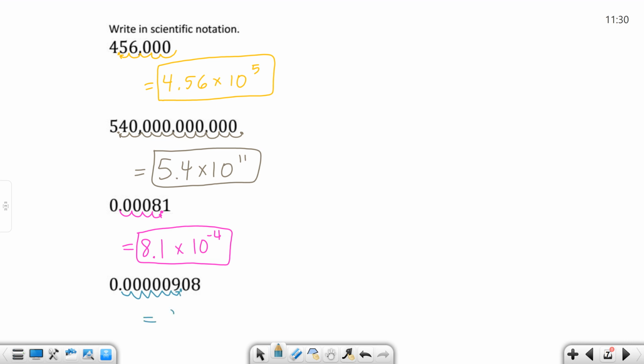So this is going to be 9.08 times 10, and we said 6, didn't we? 1, 2, 3, 4, 5, 6. Yep. So 10 to the 6 or 10 to the negative 6? Well, again, 9.08's got to get smaller to become that decimal, so it's a negative exponent there. A negative exponent. So there's your final answer there because it's got to get smaller. Negative exponent.